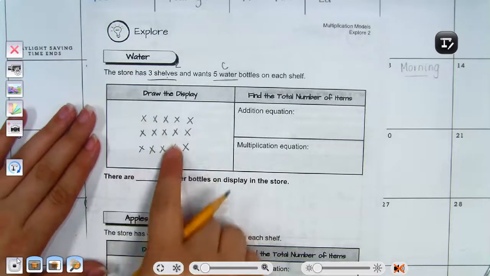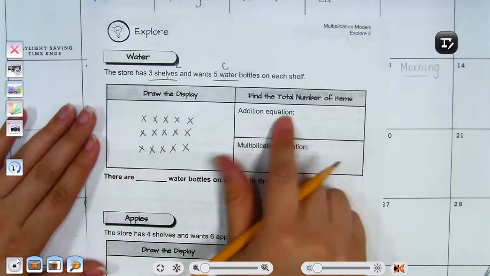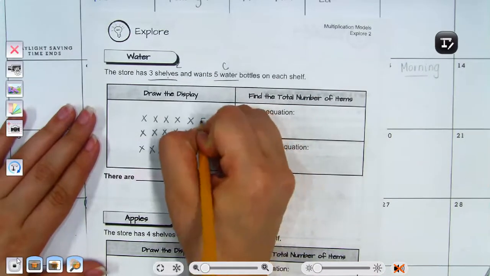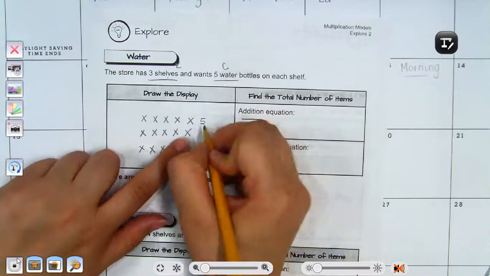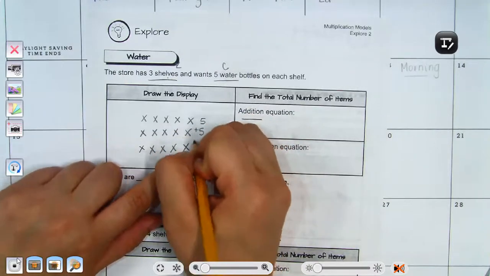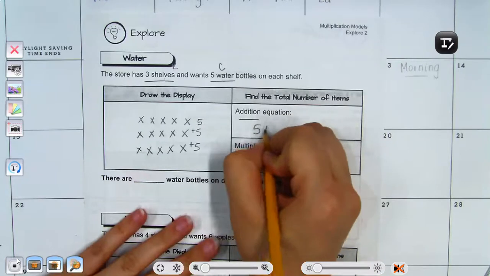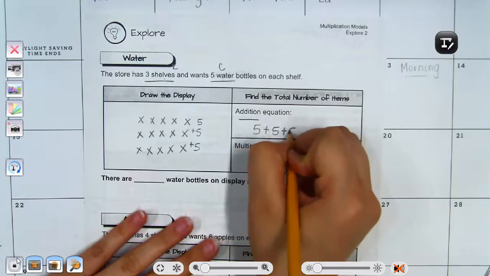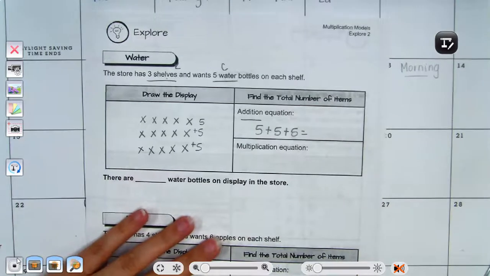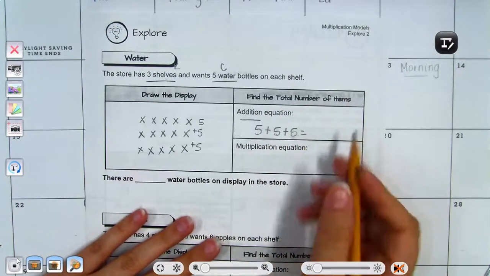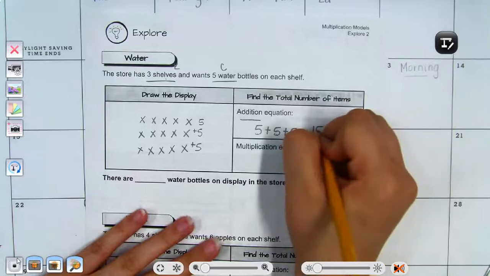These are my columns. So if I wanted to add all of this together, I would say 5, because there's 5 in each row, plus 5 plus 5. Guys, and I can count by 5s. 5, 10, 15. Okay.